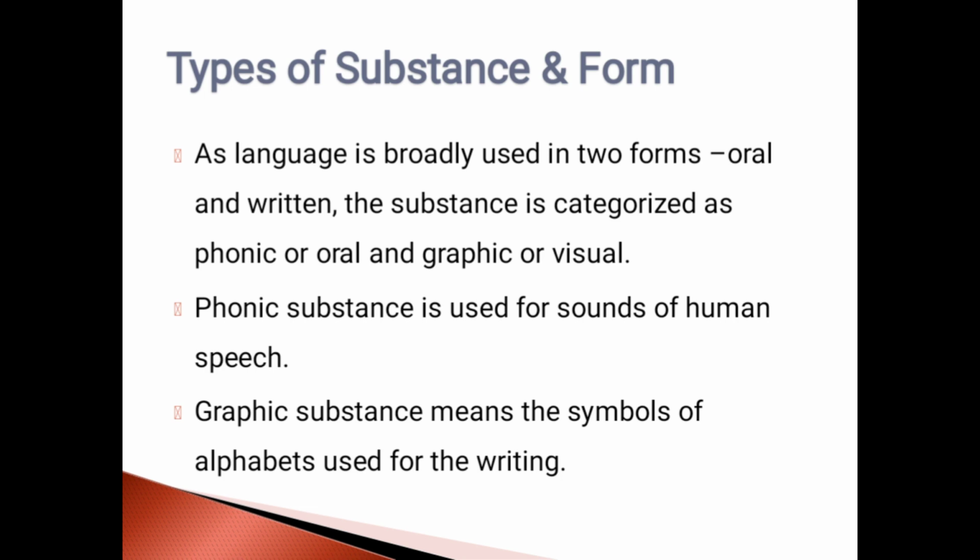And when the substance is used in the written form of a language, it is called graphic substance or visual substance. So, phonic substance is used for sounds of human speech. Graphic substance is used for the symbols of alphabets used for writing.